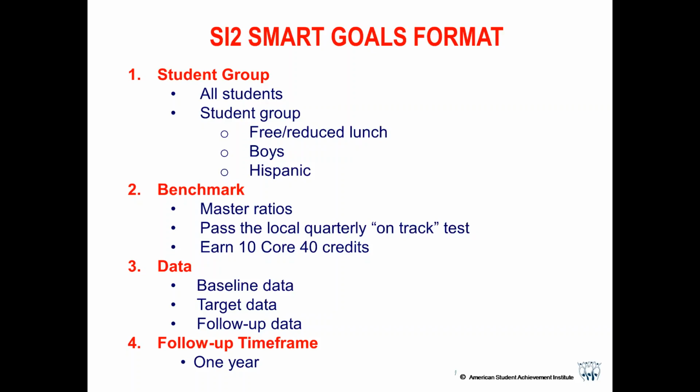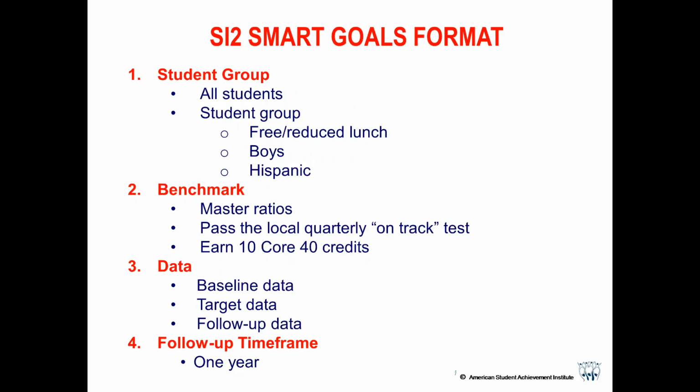If boys aren't achieving in reading, and you have one of your SMART goals around reading for boys, then when you get to the intervention level, you can say, okay, now what can we do to engage boys? Because boys are the issue, and you'll focus your interventions so that it engages boys at a higher level. So it's really important to really hone in on this student group.